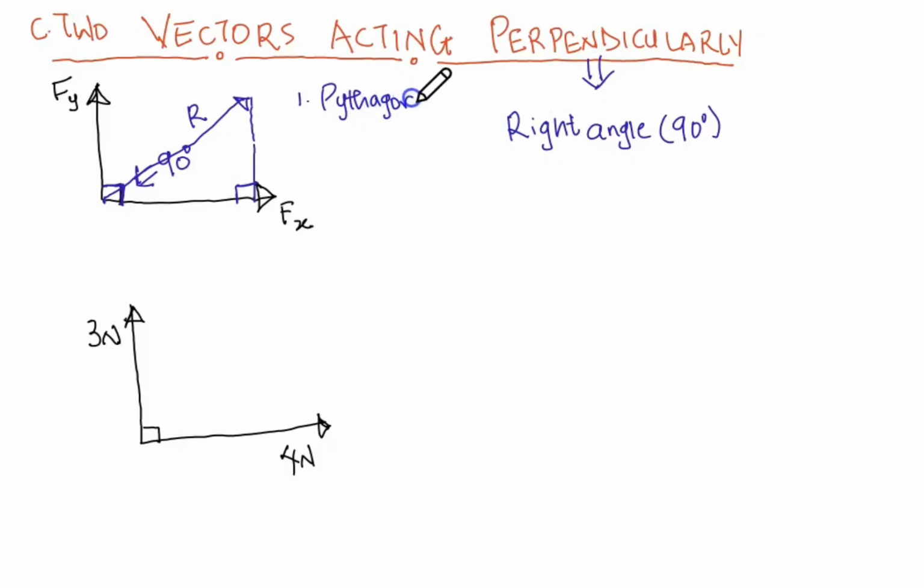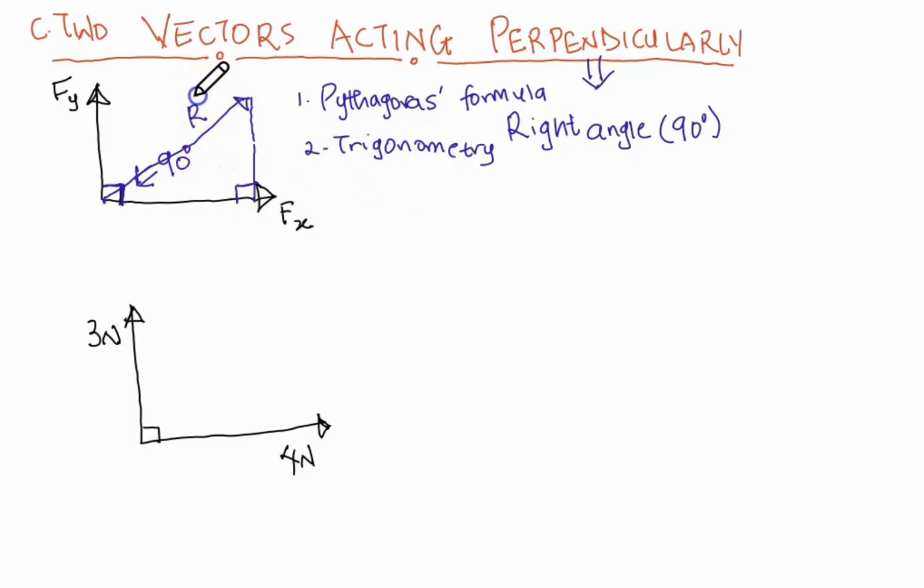In this case, we are going to use the Pythagoras formula in calculating the resultant magnitude. Then secondly, we are going to apply trigonometry in getting the direction. So the Pythagoras formula will help us get the magnitude of the resultant, and trigonometry will help us get the direction of the resultant.